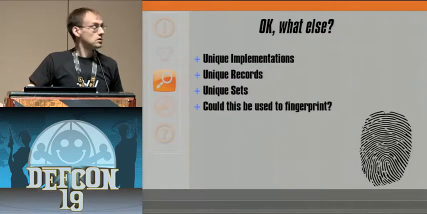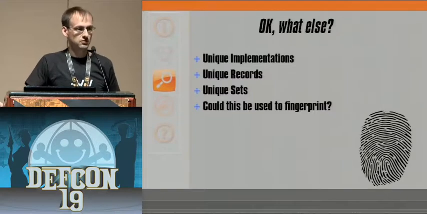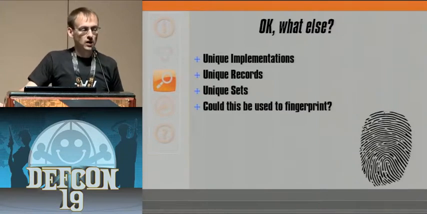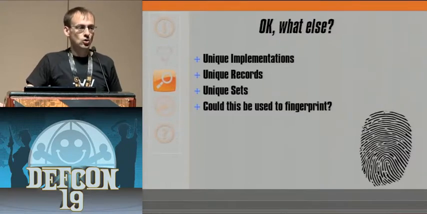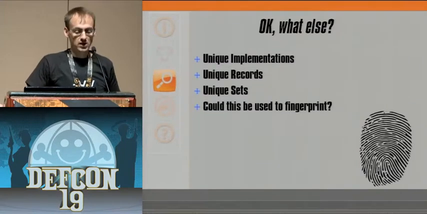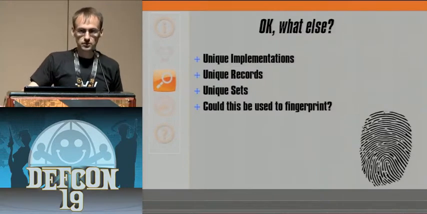Dealing with printer services, 515, 631, and 9100. But if you look even further, you realize there are unique sets. So not only are you going to find a unique type of record on a device type, you are going to find a particular set that you will find only on a particular device type made by a particular manufacturer. So, could this be used to fingerprint the host?